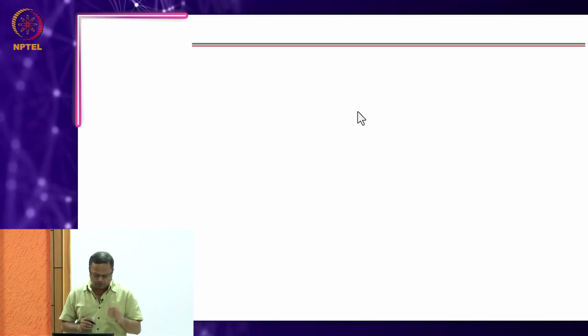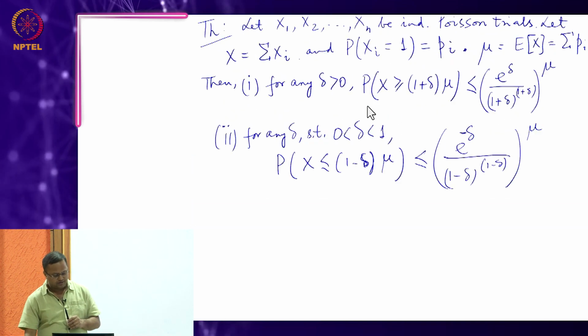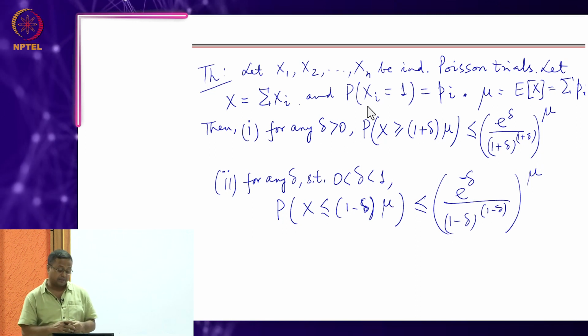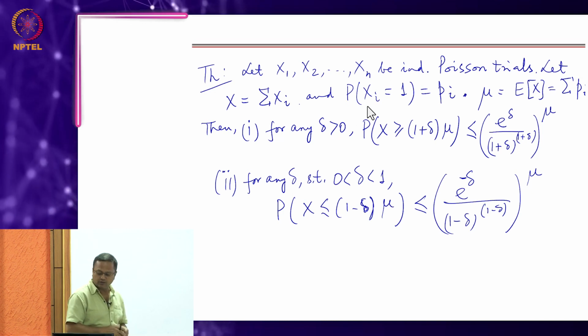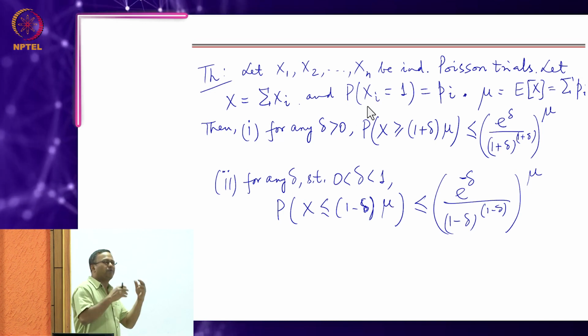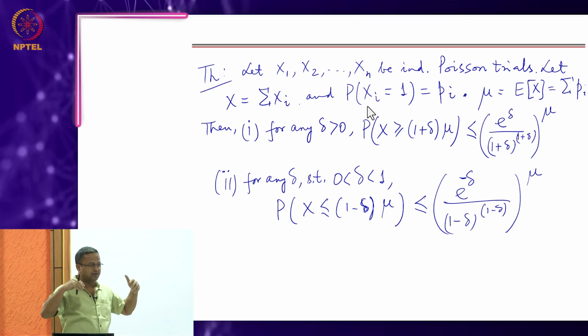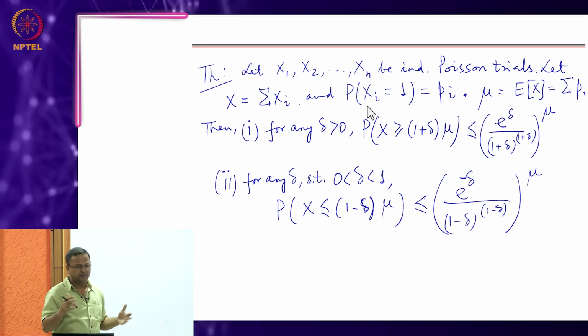Okay, so, I do one for you, and by the way, Chernoff bound actually comes in very many different variants. Here I am just saying that x is greater than or equal to 1 plus delta mu. You can make statements like mod x minus E[x] is greater than something. So, you can make many kinds of statements, right.